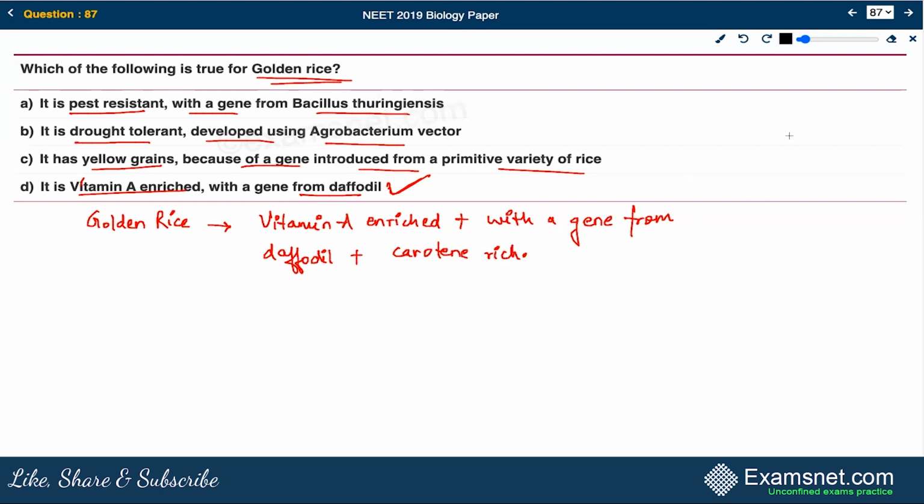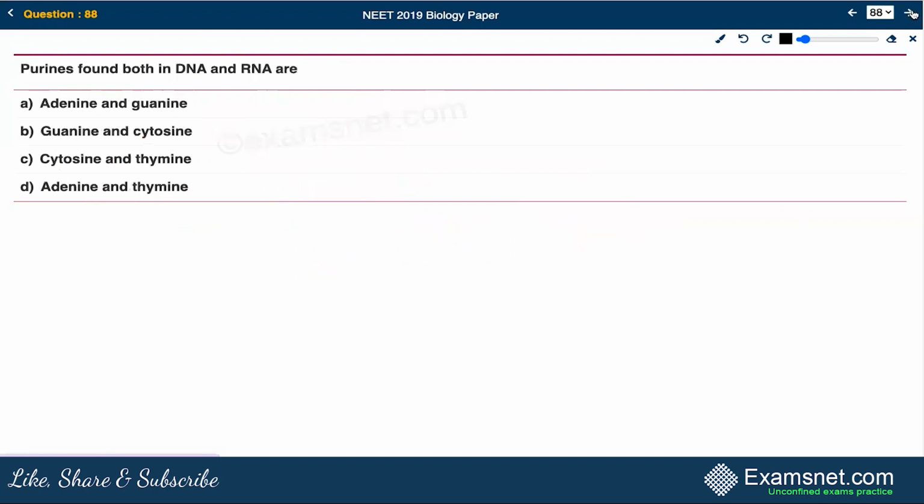Clear? Now, question number 88. Question number 88 says that purines which are found both in DNA and RNA. Now, let me tell you that there are two categories. Any genetic material is basically made of two components. One is called purine and the other is called pyrimidines.